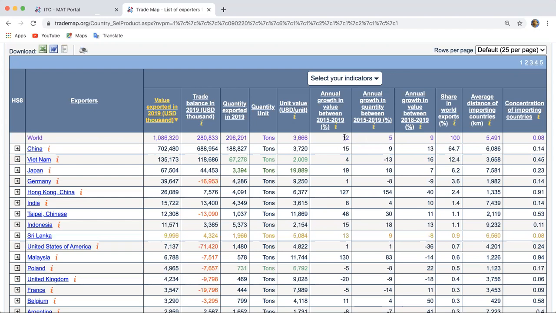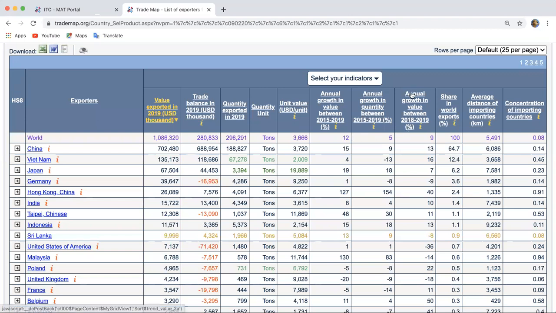So we can also see if the value grows faster than the actual quantity that's being exported, we can say that green tea is becoming more valued in the global market. So we can say that it's becoming more expensive, even though we don't see the price here. As I mentioned, we can say that the value of the product is becoming much higher over time.